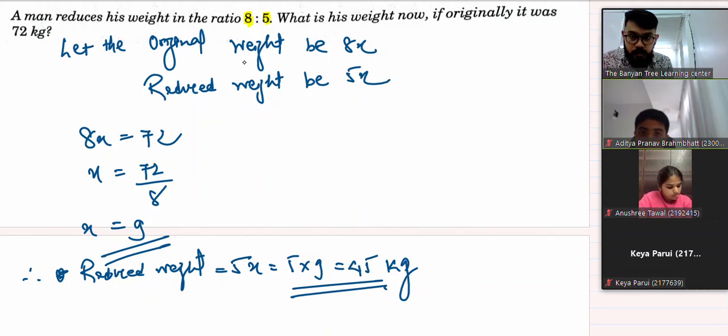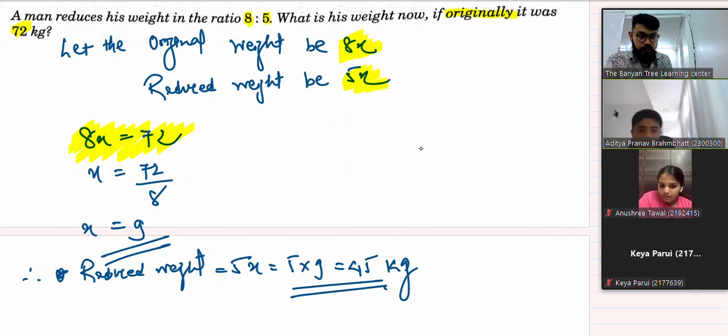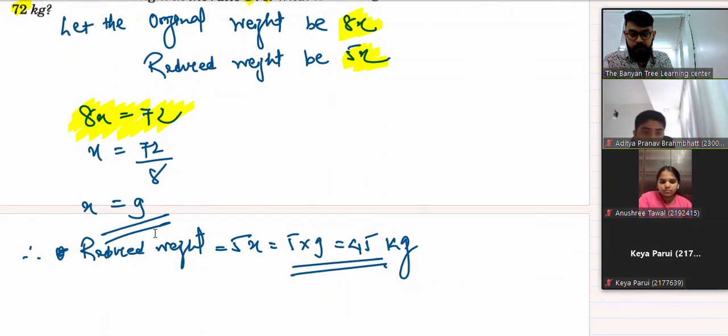That means first the weight was in the ratio 8 and then the weight became in the ratio 5. So I can take the original weight as 8x and the final weight as 5x. And they said that originally the weight was 72, means 8x is equal to 72. Now you got it? Yes, now I got it. So then we got x and then we found the reduced weight.